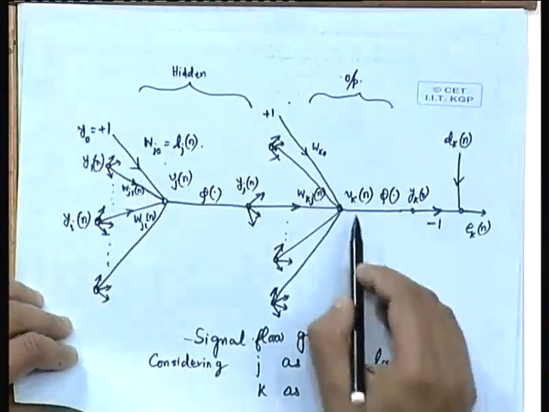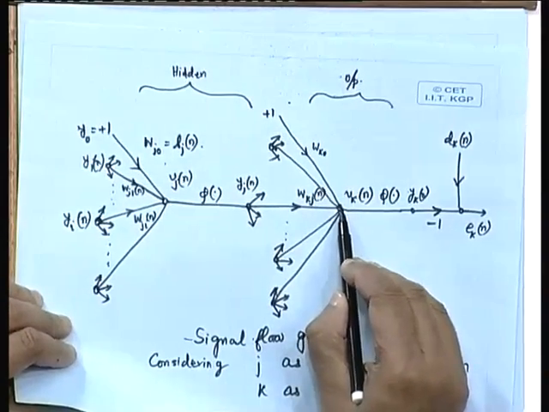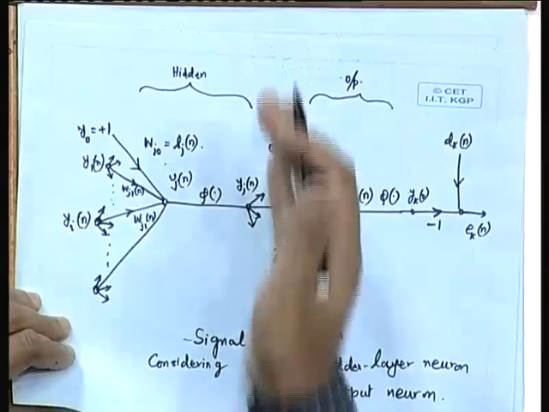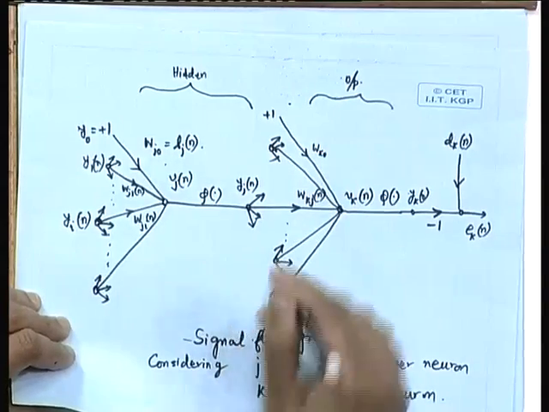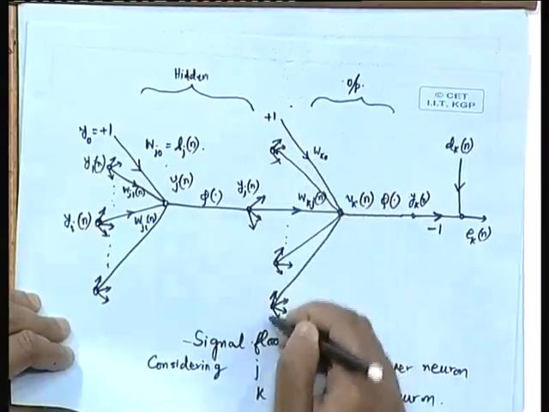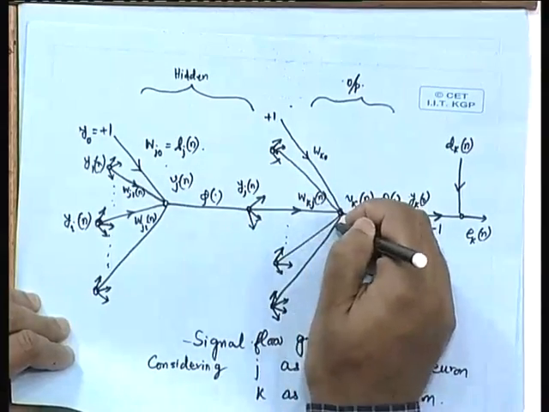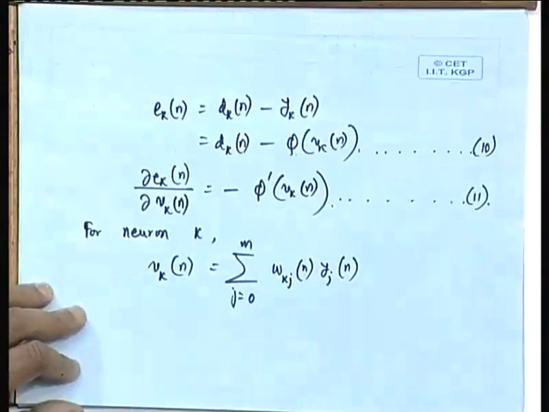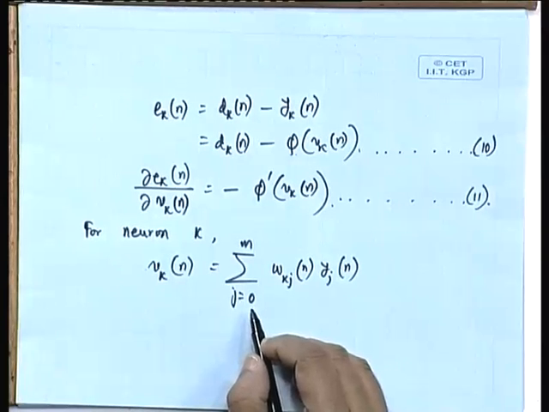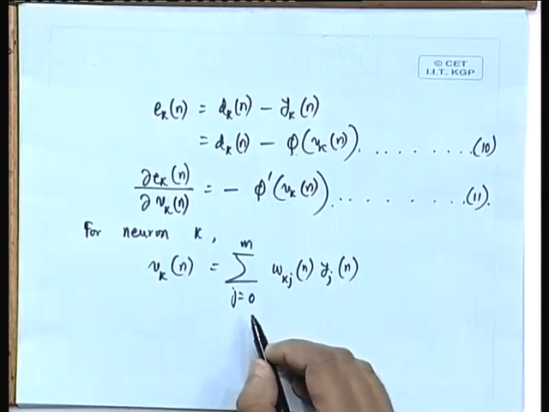Okay, Vk, I assume, is connected to m number of neurons in its preceding layer. So, that means there are m number of neurons in the hidden layer just preceding the output layer. So, this is expressed as j equal to 0 to m. There are m number of hidden layer neurons only, but j equal to 0 is for the bias, right.